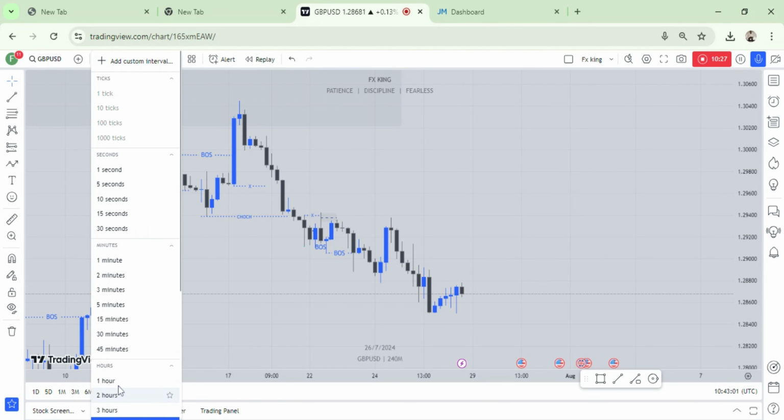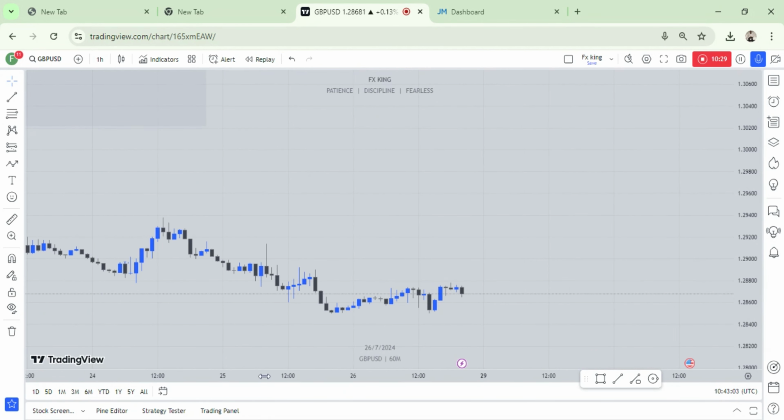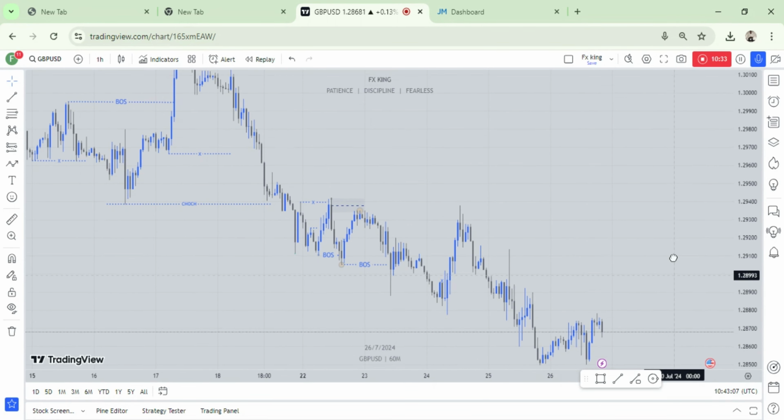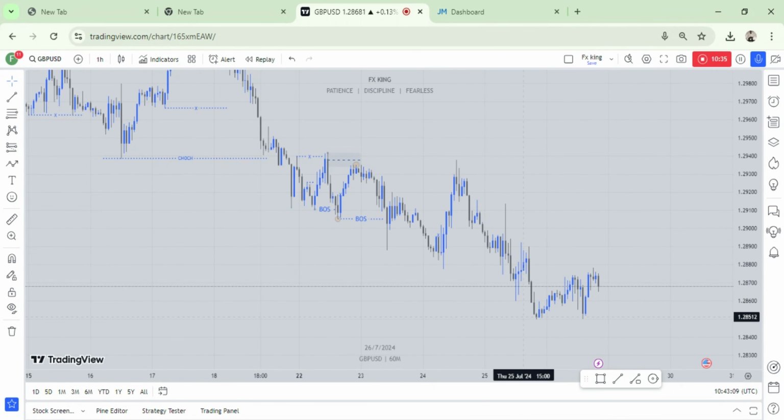Now if we switch over now to the 1 hour time frame, right? If you switch over to the 1 hour time frame, this is where you can see more structure now, right? As you see here, these lows seem to be equal. So this low seems to be equal. So this is where our last inducement is.